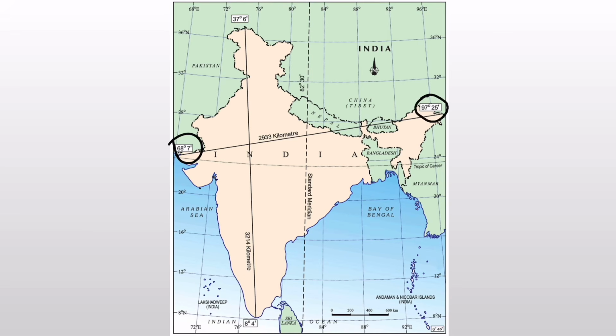But if you think about it, running a country with so many different time zones would be a very difficult task. So different states would be using different time zones. Now what the government did was, they fixed a particular longitude for reference of the whole country's time zone. And in our case, this longitude is 82.5 degrees east.